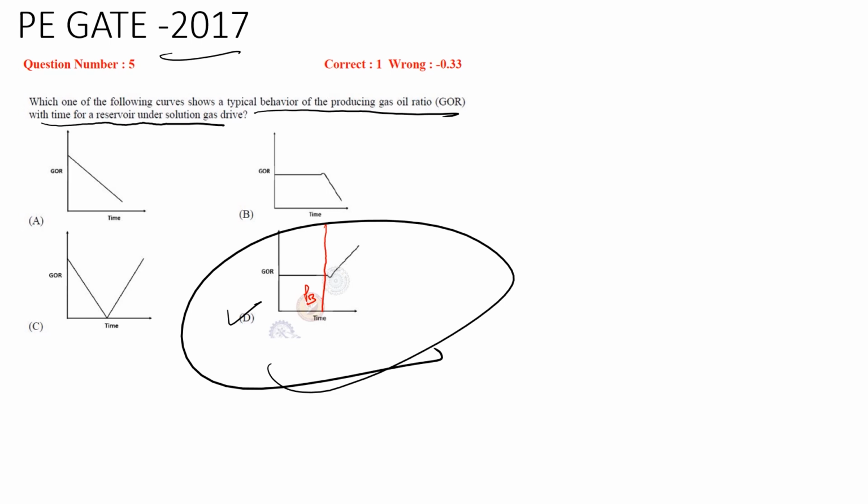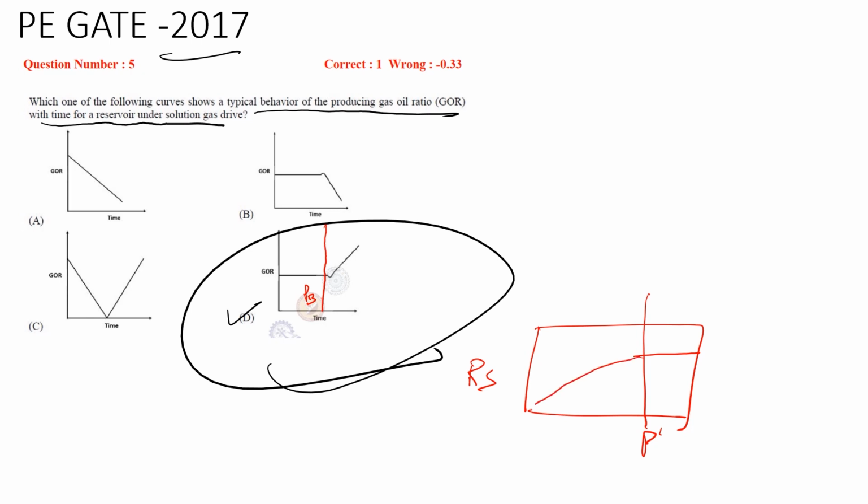Now, as we can see, if I am plotting my solution GOR versus pressure, above the bubble point pressure my solution GOR would remain a straight line, and below the bubble point it will go down.